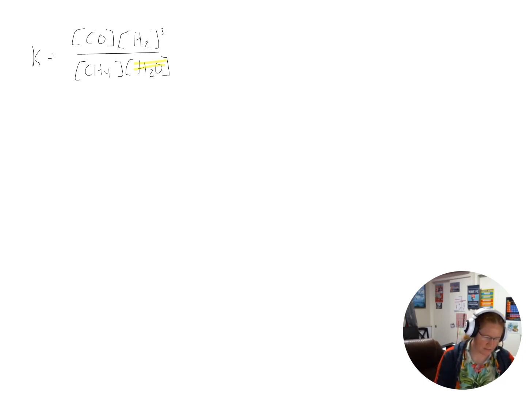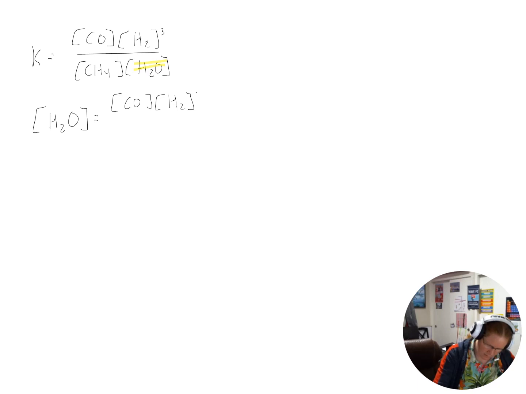So we'll rearrange this, and what we end up getting is the concentration of the water is going to be equal to the carbon monoxide, the hydrogen cubed, over K times the methane. Okay, and then it's just a matter of plugging it all in.